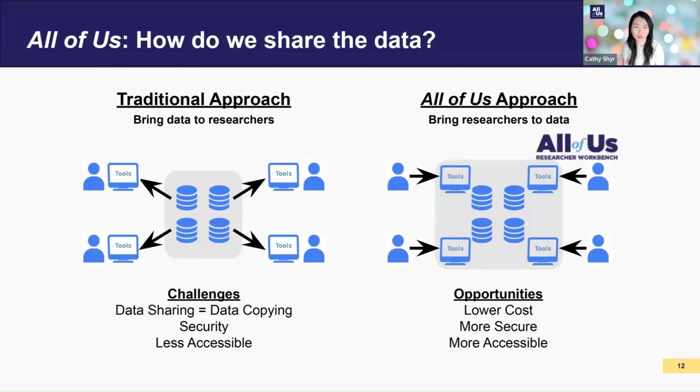So as a result, at All of Us, we have this approach where we have a centralized copy of the data set, as well as a set of tools so that we can bring the researchers to the data. With this approach, there are a couple of advantages, including lower computational cost, and the data is more secure and more accessible as well. And this centralized platform is called the All of Us Researcher Workbench.